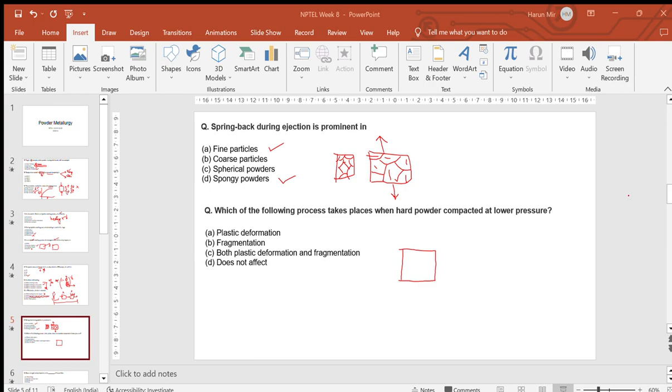Is it clear how the compaction pressure and your green strength are related? If you increase your pressure from 20 to 30 MPa, your strength will be increased by 0.57. Is it clear?